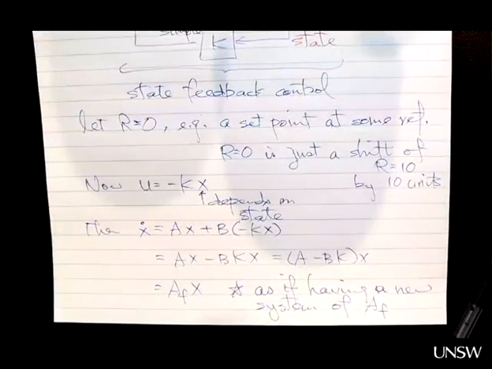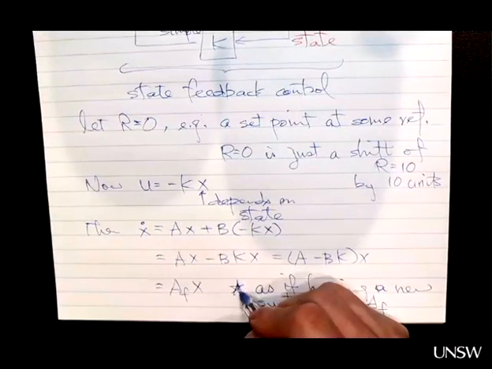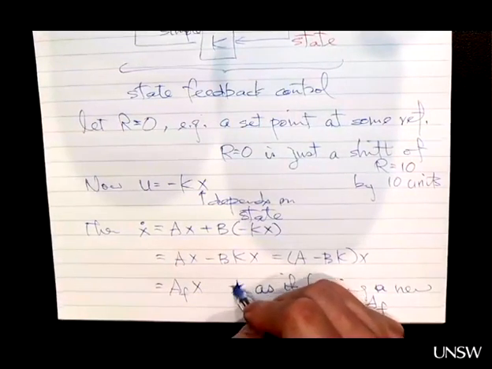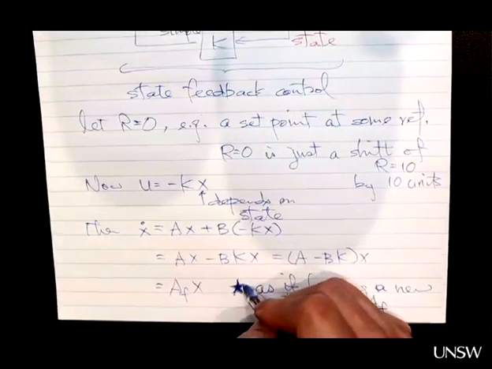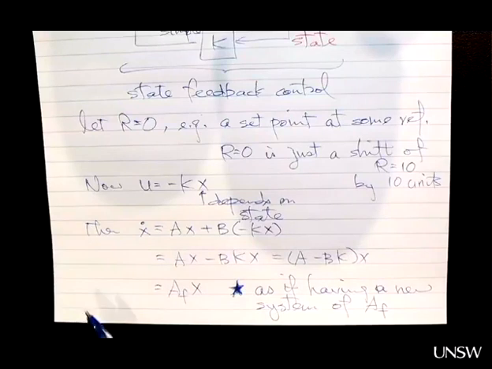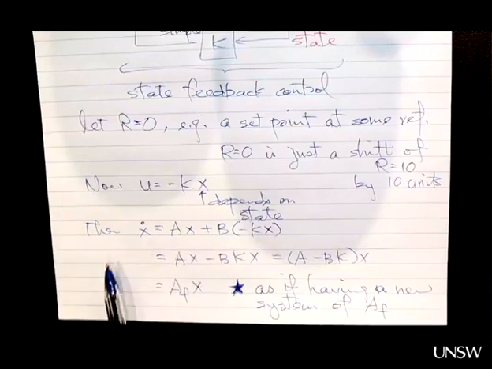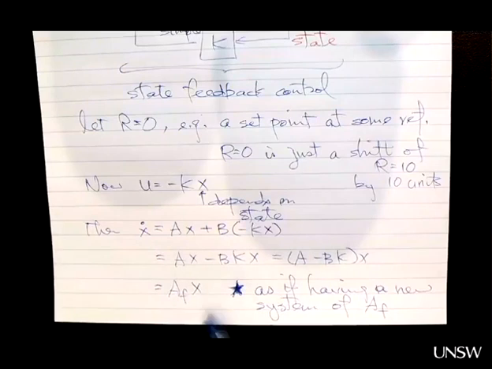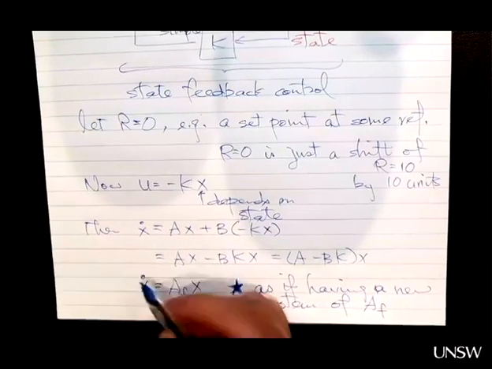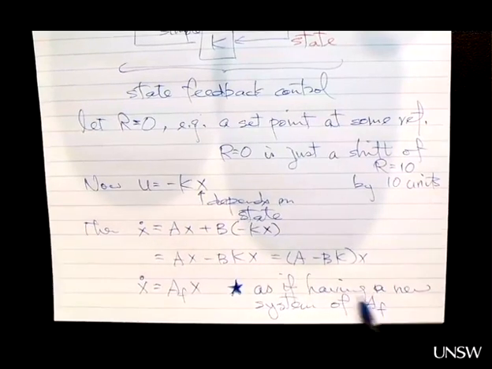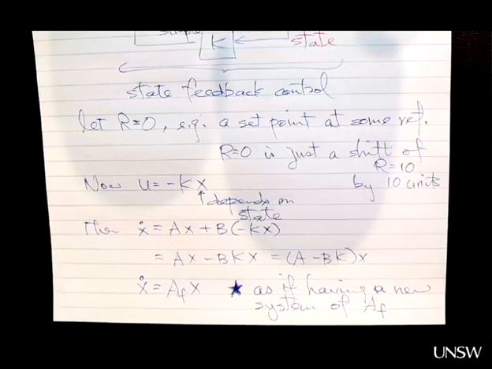By using the feedback from the states K, we construct as if it is a new system defined by the matrix AF. Okay, so far, agree with this? We create a kind of new system using the scaled feedback from the states.